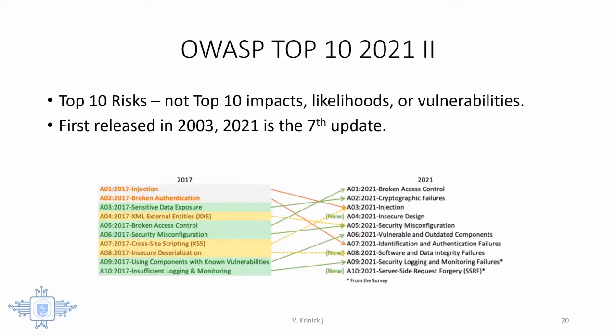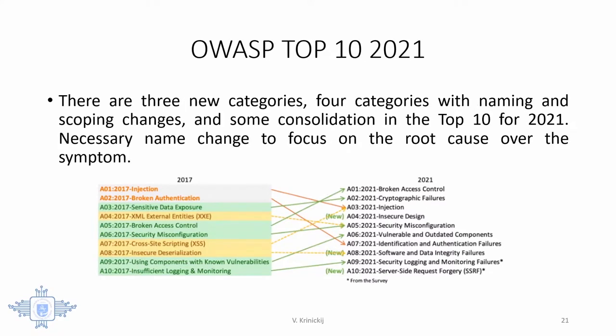And the new number 4 spot in 2021 is insecure design. As I mentioned before, this goes in the scope of software engineering, and it could probably be the number 1 spot, but well, we have what we have.